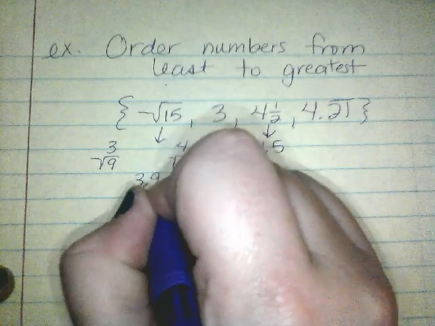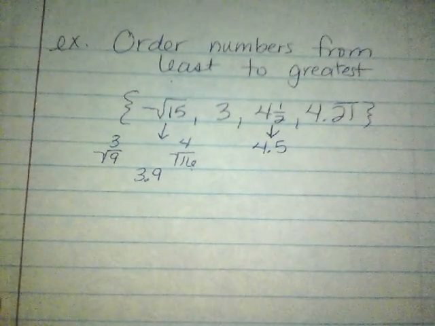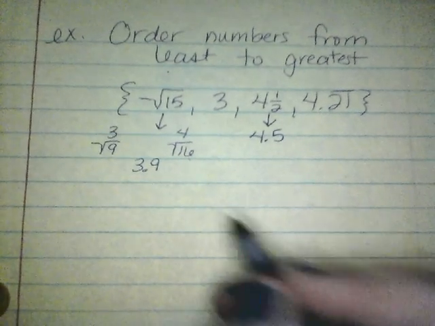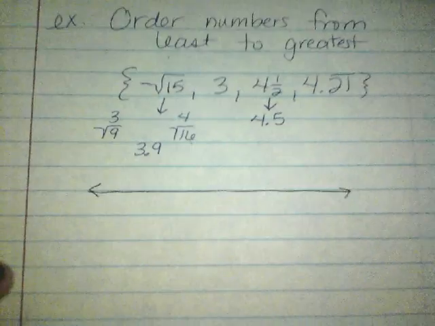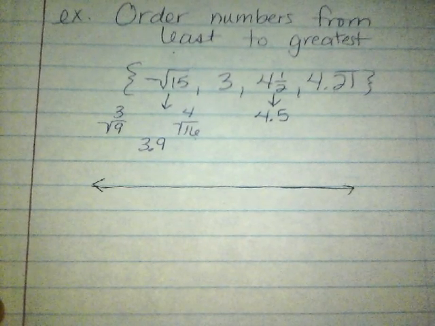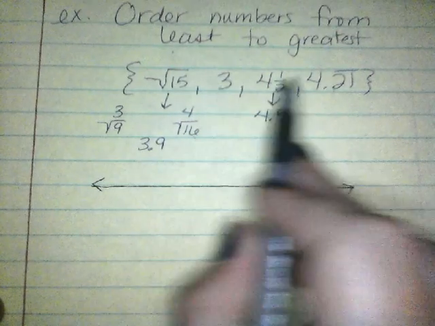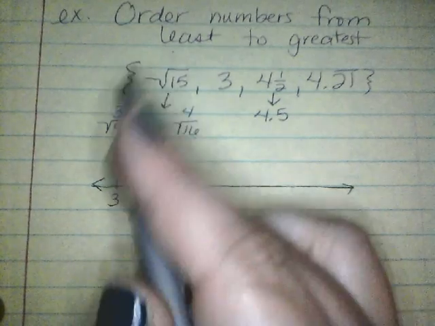Okay? All right, so now that I have all of my numbers as decimals, I'm going to create my number line. What is my smallest value here? What is the smallest number? Melody? Yes, 3. So I'm going to start my number line at 3, and what's the highest value I have to go up to?